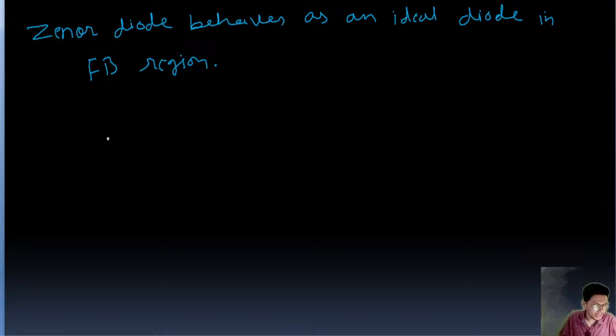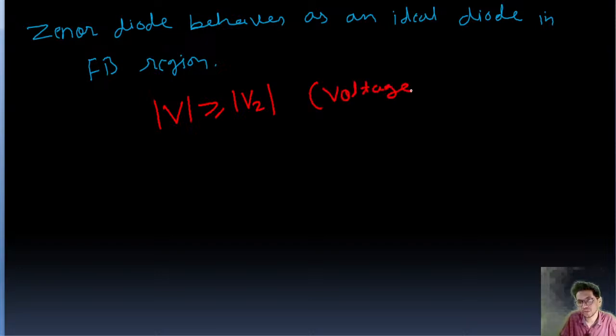You need to understand this, guys. This is very important. If the magnitude of V is greater than or equal to the magnitude of Vz for the Zener diode, then it works as a voltage regulator.